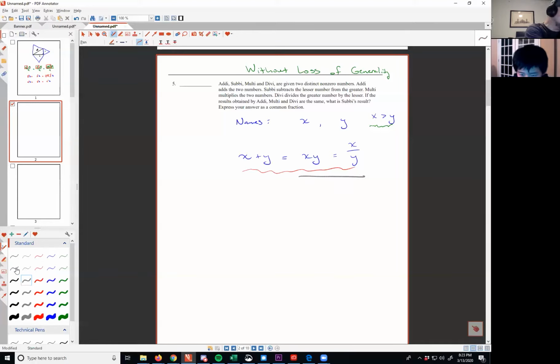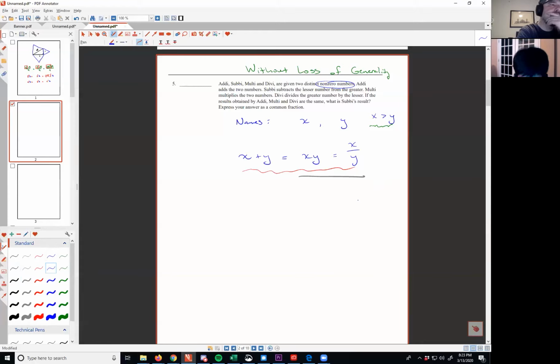I think that those look like the easiest ones to get started with. So we're talking about distinct non-zero numbers. What can we do with that equation to make life a little easier? Simplify. How do we simplify?